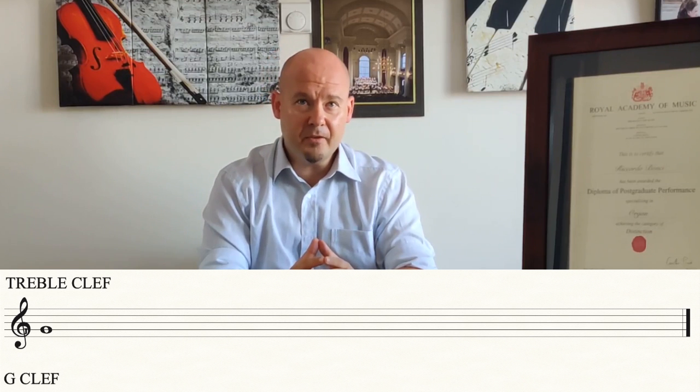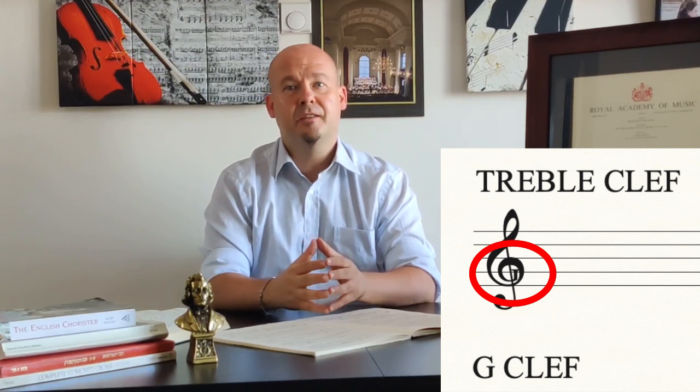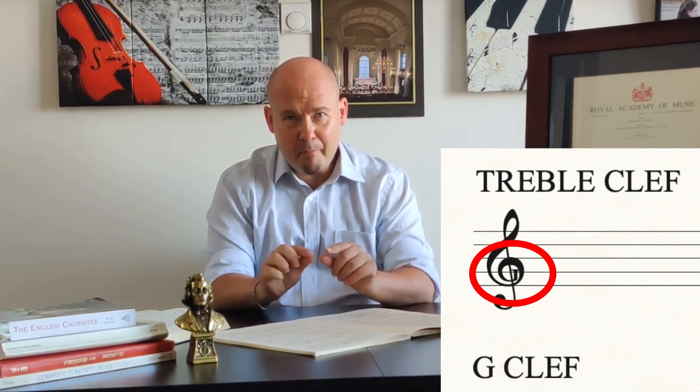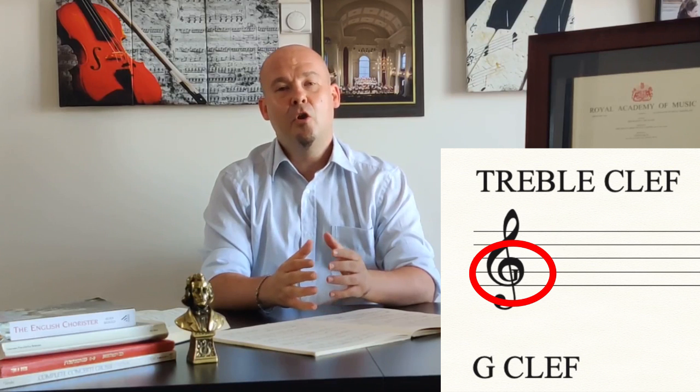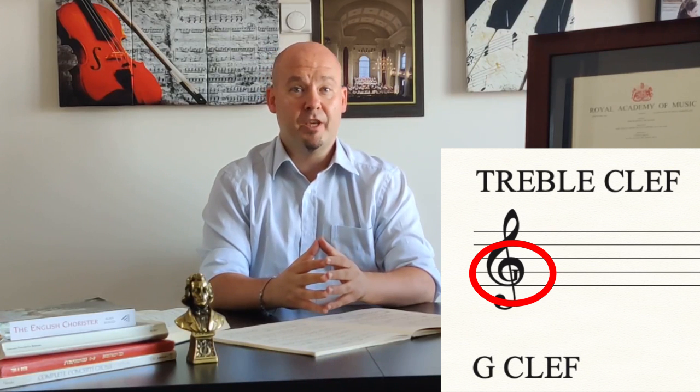If you look quite carefully, let's zoom in on it, that specific middle part of the clef looks like a G. And it definitely used to be back in the ancient times, but then they decided to over-decorate the clef. So that's what the treble clef looks like, and it gives us the position of the G.